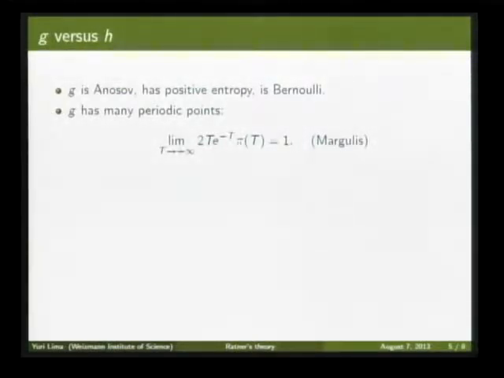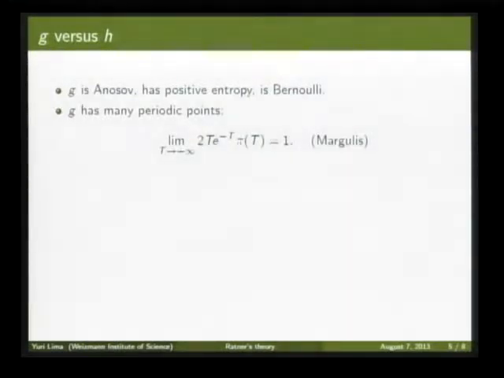If you denote by pi of t the number of closed orbits, closed geodesics of length at most t, then Margulis proved that pi of t is basically e to the t over t. So if t is large, this is also very large.